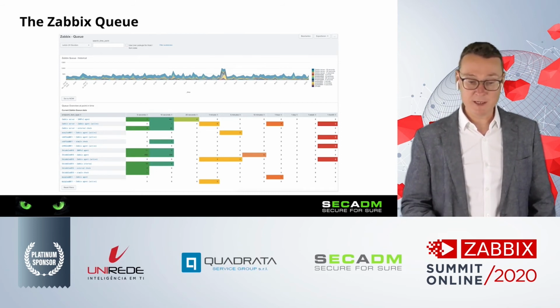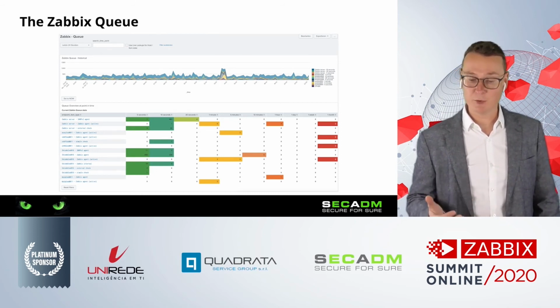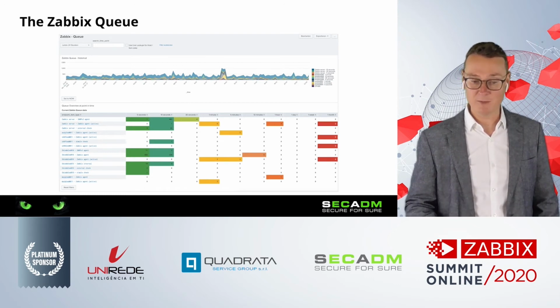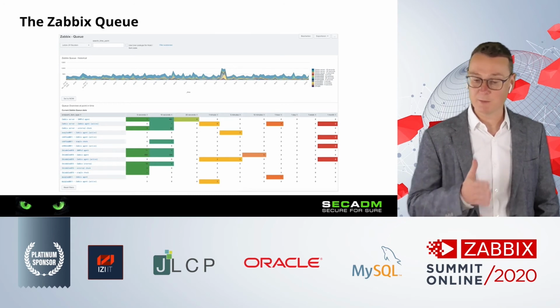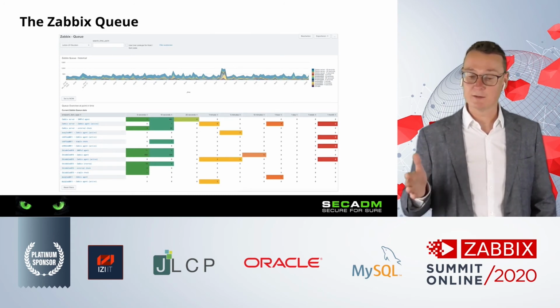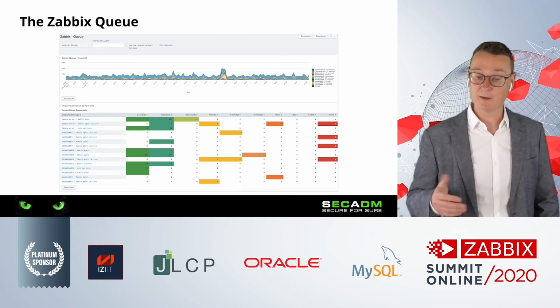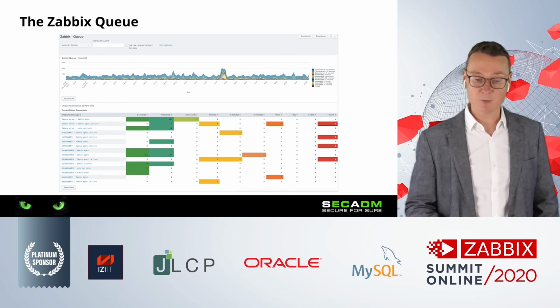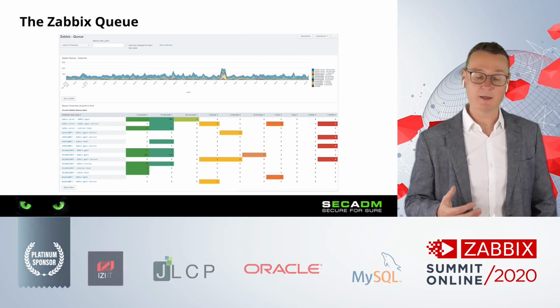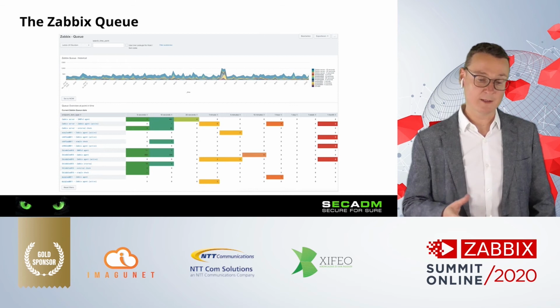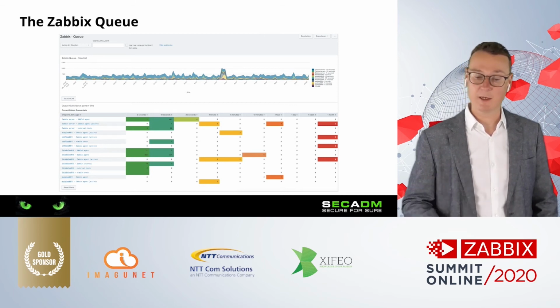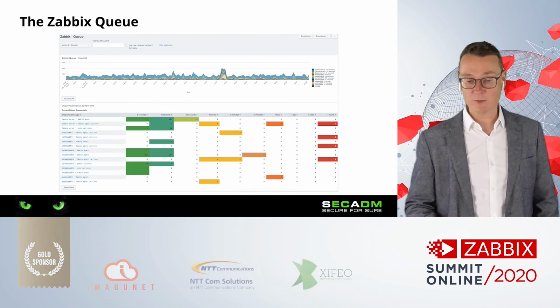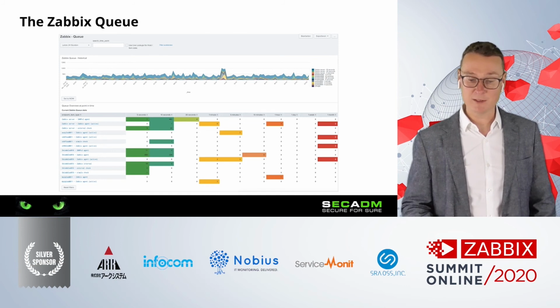And what you see here is an example dashboard showing almost the same view as we have in Zabbix itself, categorized by how long the item has been waiting, what item type it is, and at what proxy it is coming in. What we do not have in Zabbix itself is the time.